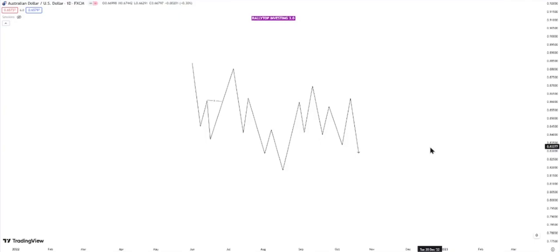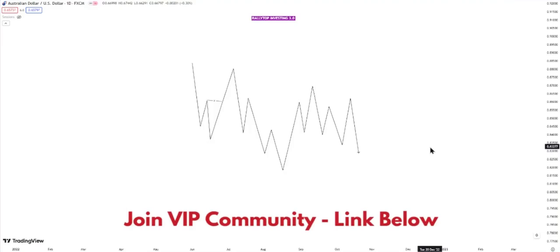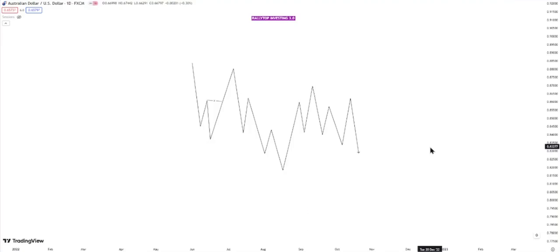In this video, we want to learn all about how to take advantage of internal structures to take high probability trade setups. Now, before you can understand how to use your internal structures to take high probability trades, the first thing you need to do is to map out your structures in the market.